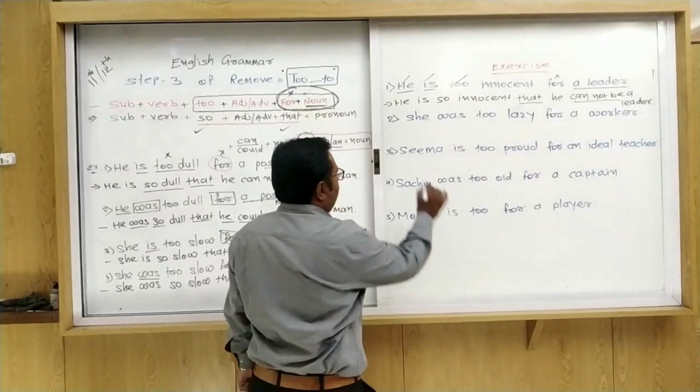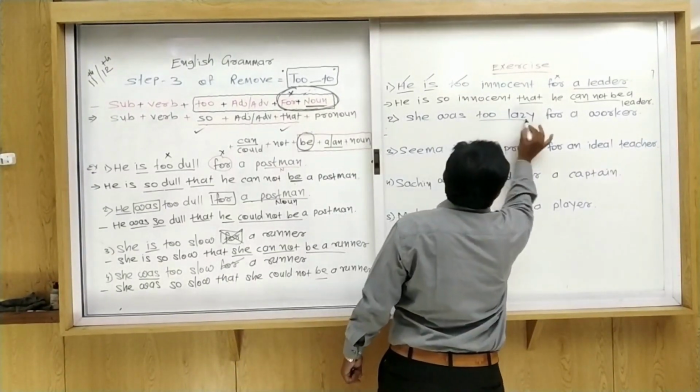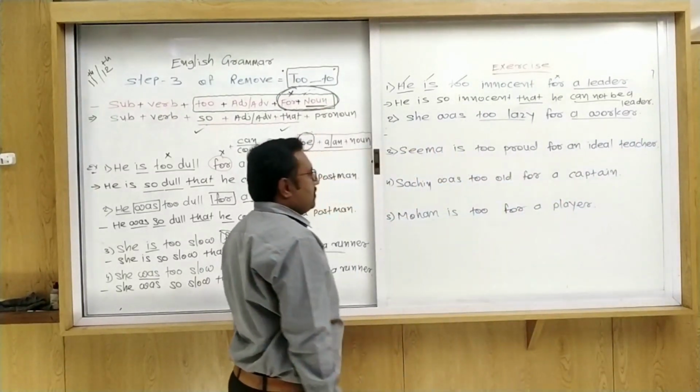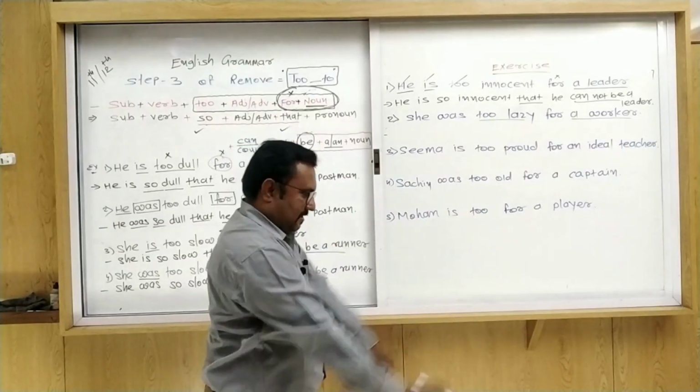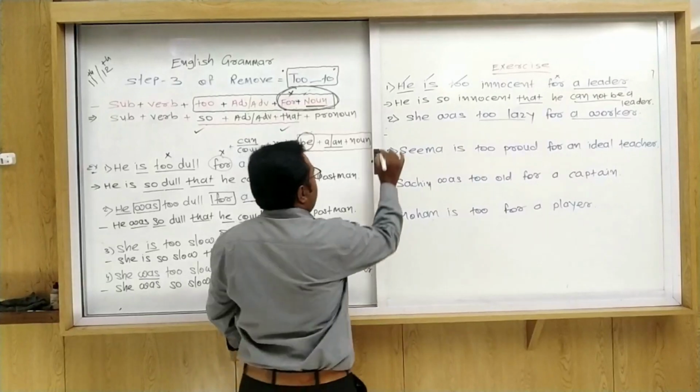Okay. Now, second one. She was too lazy for a worker. That means she was very lazy, so that she cannot be a worker.